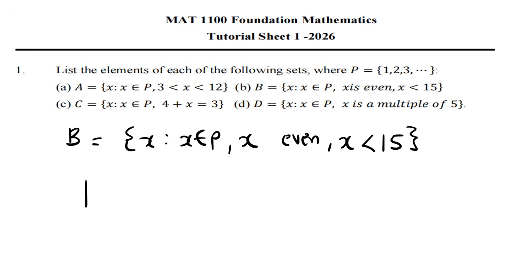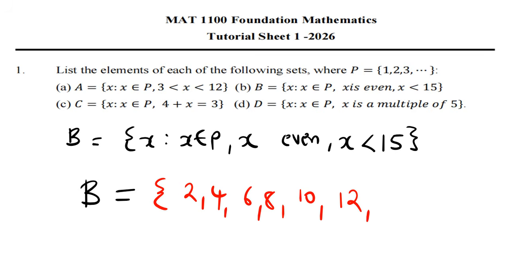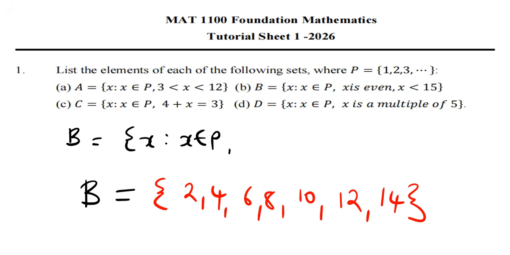In this case, since 1 is not an even number, we start with 2. So B will be 2, 4, 6, 8, 10, 12, and 14. That will be the solution for B.